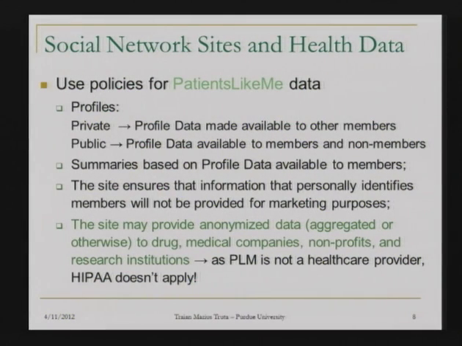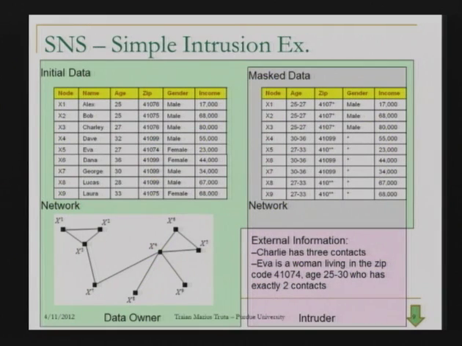On the other hand, not providing this data in any form is not acceptable. There is a lot of value in the data, even if it's anonymized, and therefore it needs to be provided to third-party users. Now, let me go to a very easy example, and let's try to understand why we have this problem of sensitive information being revealed by a potential intruder or potential attacker.